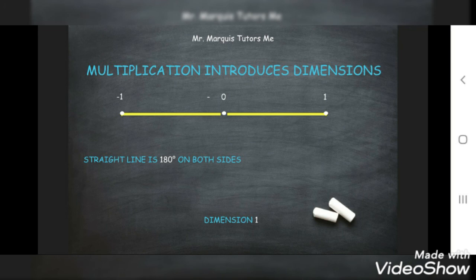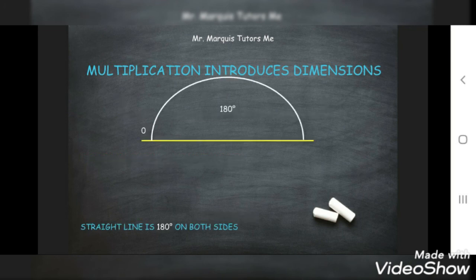So now, let's say that straight line is 180 degrees on both sides, meaning you had to actually turn around 180 degrees to see the negative. You had to turn around another 180 degrees to see the other side.